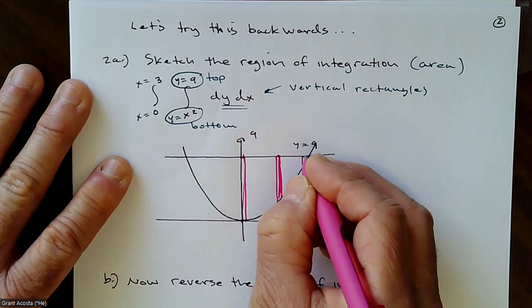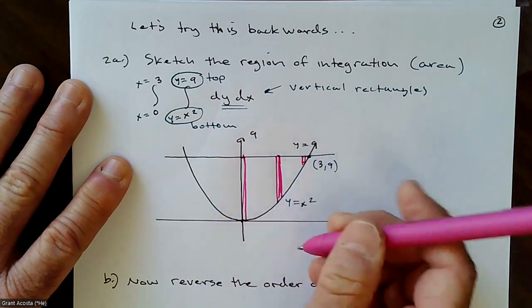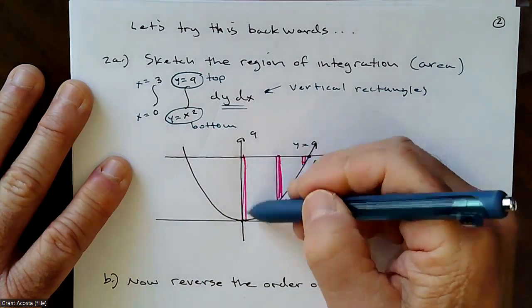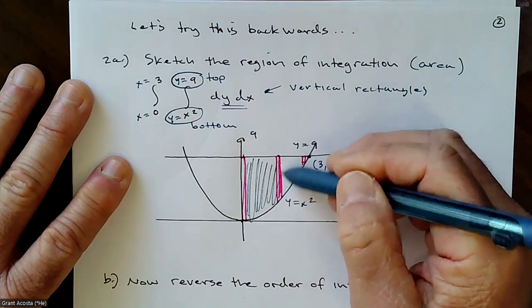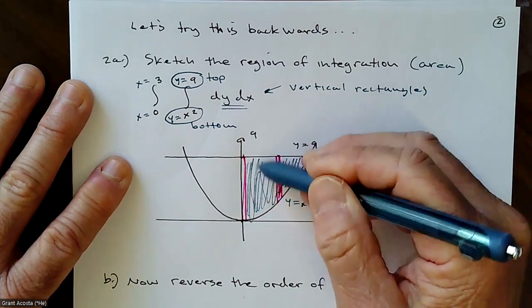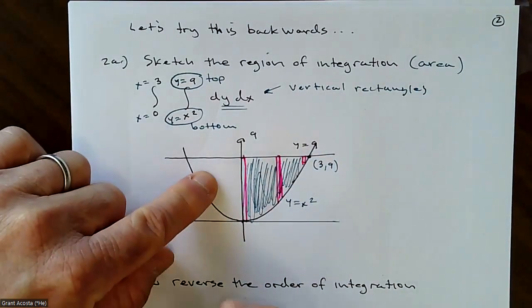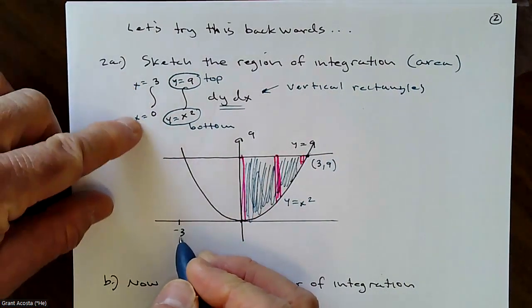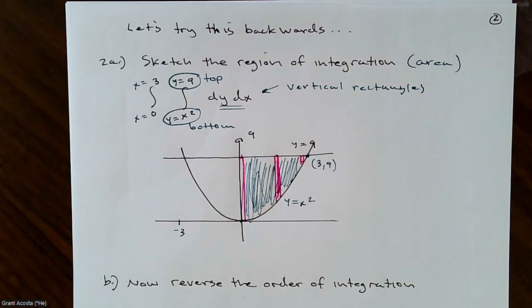And the furthest one would be right here at x equals 3. So my region of integration would just be this region right here. Not this half, because this half would stretch over here to -3, but that's not what I had in my double integral.